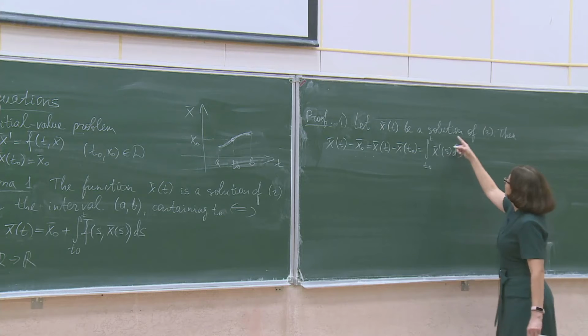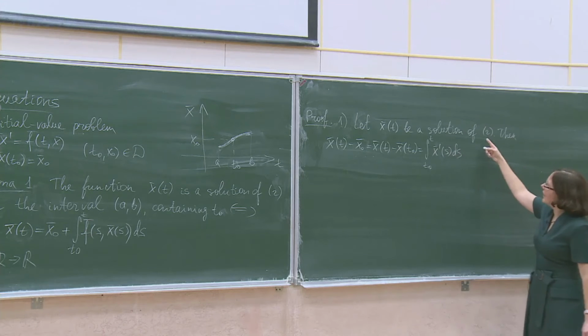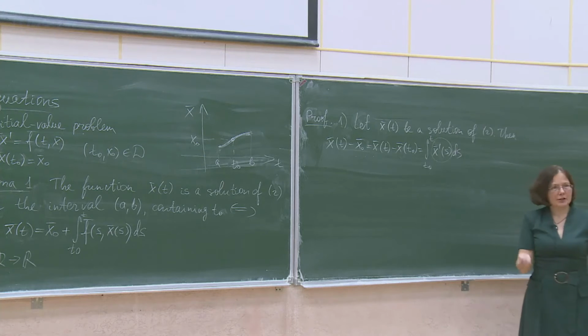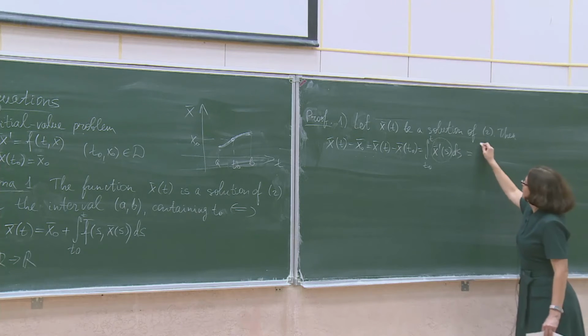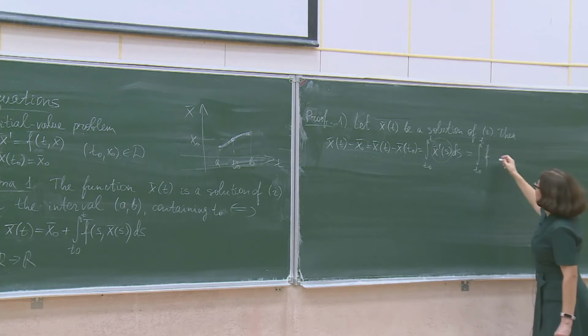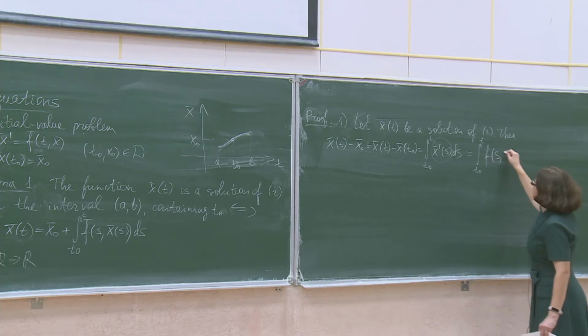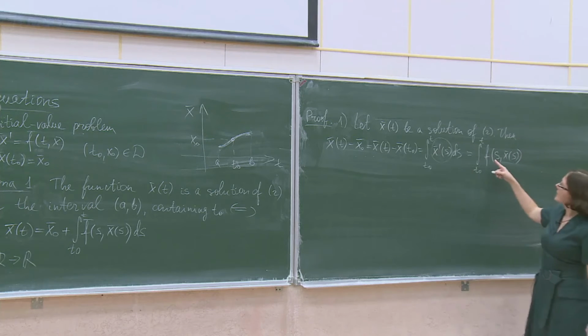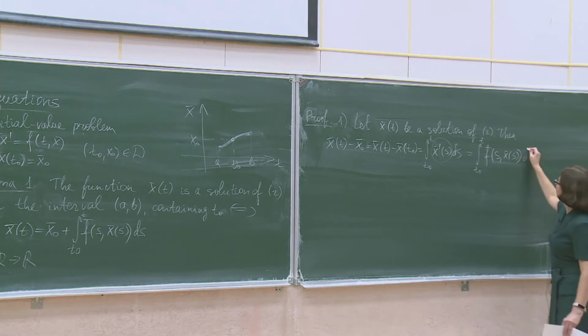But if we know that x of t is a solution, we can replace this by the function f, right? And it will be the integral from t0 to t of f of s, x of s ds, because x prime is equal to the function f.